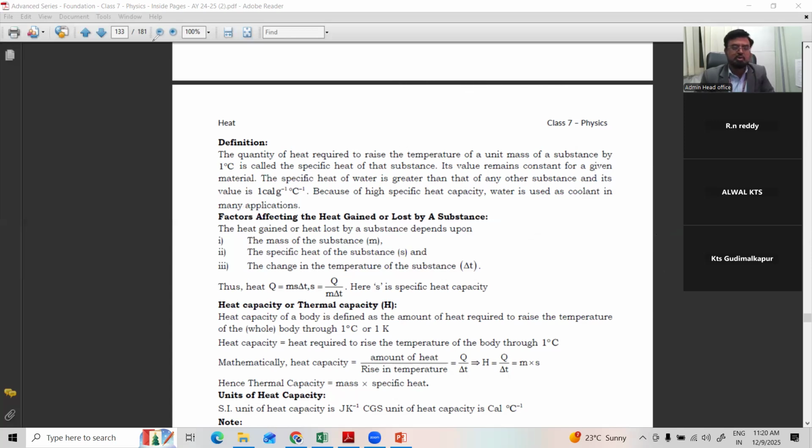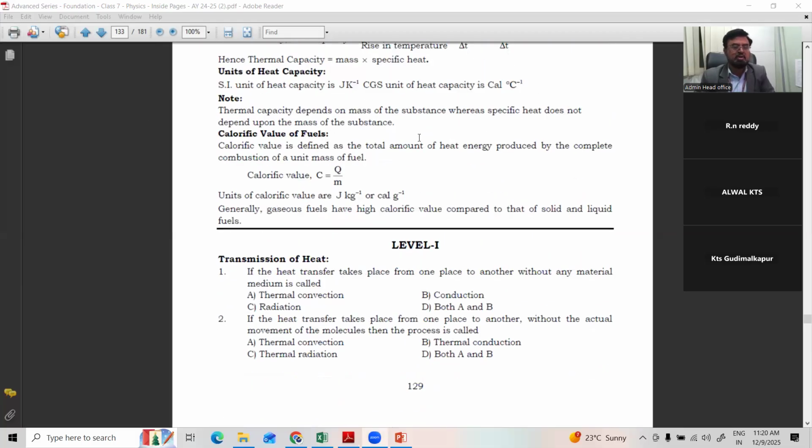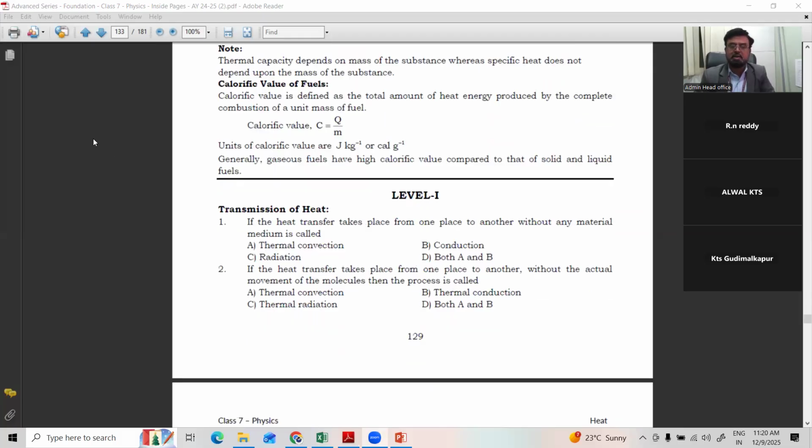So more details about specific heat, how to find it using a calorimeter and all, you will come across in your 8th class. So there are some units given. The calorific value is also very important. Calorific value is the amount of heat released by burning of fuel. It is defined as the total amount of heat energy produced by complete combustion of a unit mass of fuel.